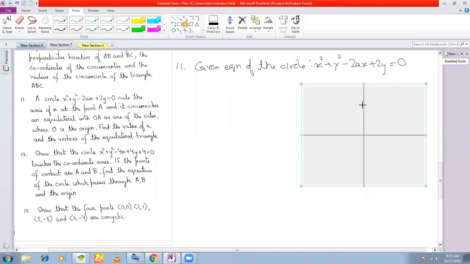Okay, it cuts the axis at the point A and it circumscribes an equilateral triangle with OA as one of the sides. So clearly, the OA means this circle is passing through the origin, right? So this circle must pass through the origin. Something like this, right? This circle passes through the origin.